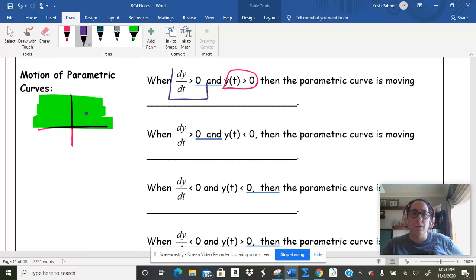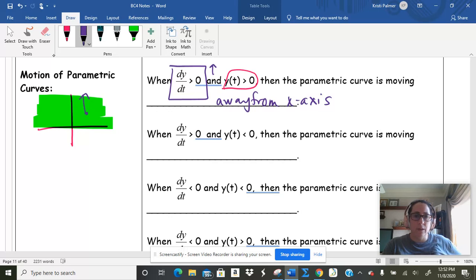And I know that my derivative of y is positive, telling me I am moving up. So if I am above the x-axis and I am moving up, then here I can say that this curve is moving away from the x-axis.